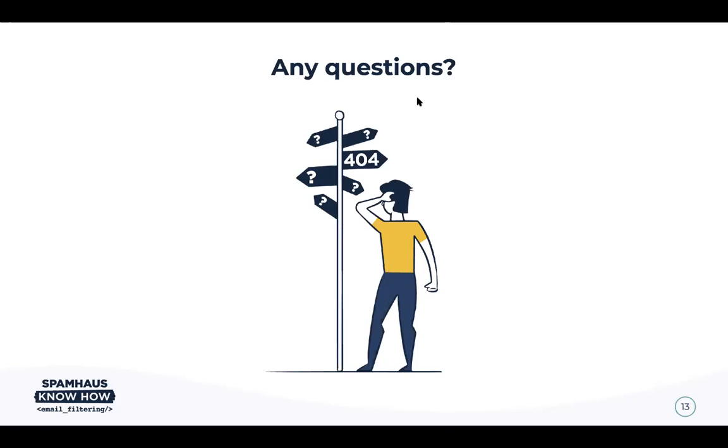So you can discriminate whether it is a simple SBL listing or whether it is a DROP listing too, if you are a DQS user. And that, of course, is available to free users of the DQS as well.